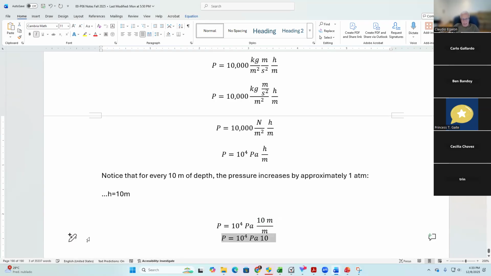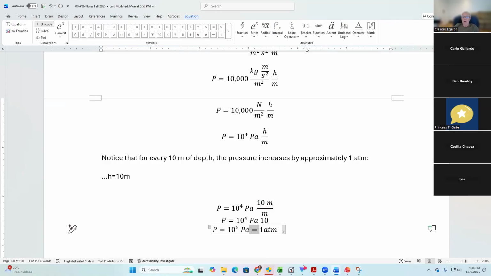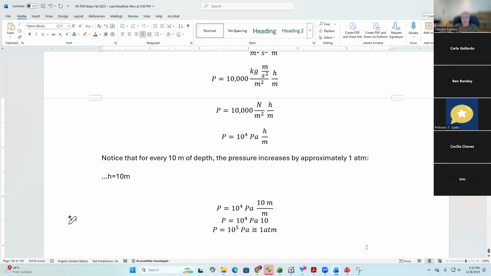And we get 10 to the 5th Pascal, which is approximately 1 atmosphere. Let me put that in approximation here. It's just a 1% difference, a little bit more than 1%, almost nothing, okay?